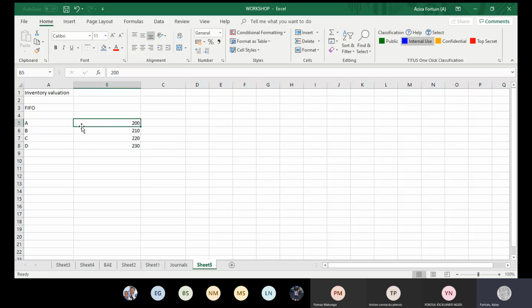Because we're using the FIFO method, we value the first-in method, which was at 200 Rand, irrespective of which doll they gave us. So then we have to account for this transaction. We have to do the journal entries.